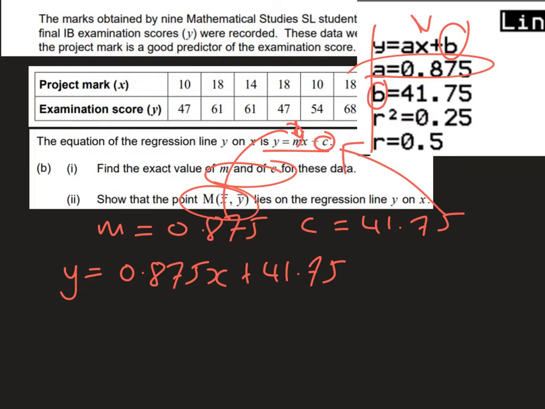So we want to find a value of y when x is the mean, or x bar. We're going to substitute in 14, which was the answer in part 1, and work out the corresponding value for y. What we hope is that it will be the same as y bar, which we found in part 1, which was 54.